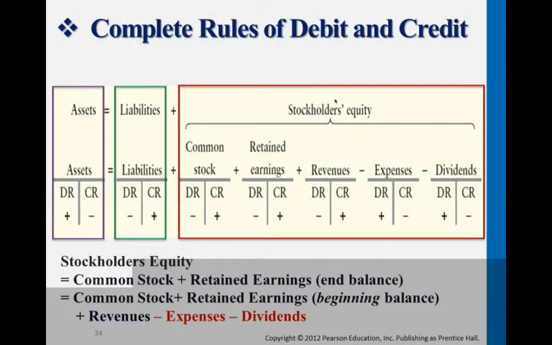This slide basically summarizes the complete debit credit rules for pretty much all the accounts that you will need for the first few chapters. Assets, again, increase on the debit side, because the plus side is on the left. Liabilities increase on the right side. For stockholders' equity, common stock, retained earnings, and revenues, the first three T accounts, when we increase them, it's on the credit side.